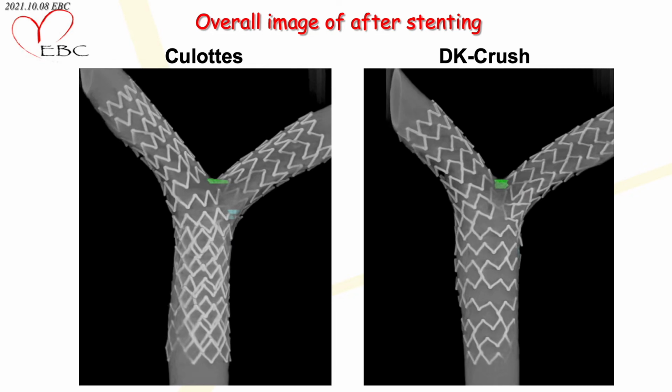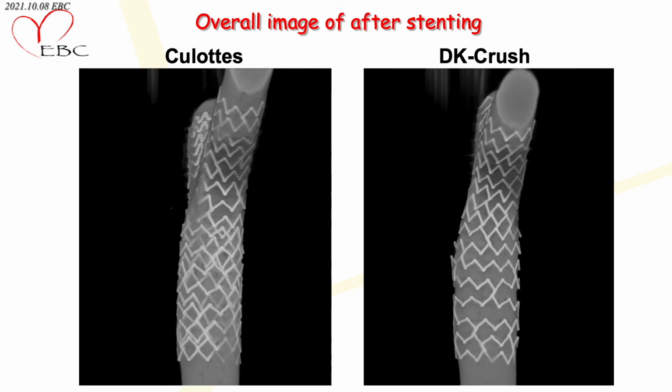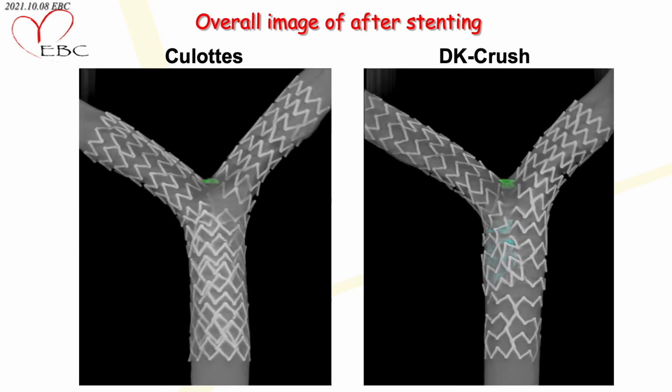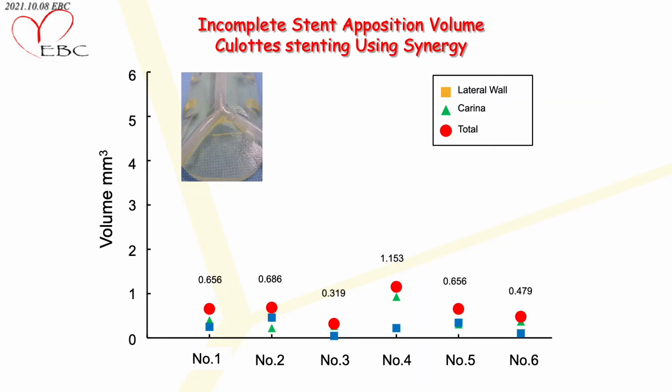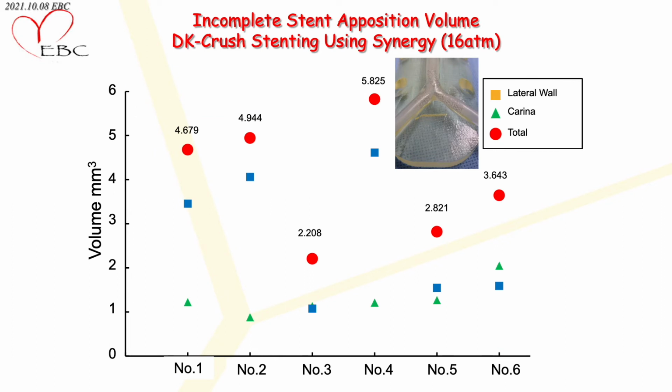The area of the blue is the incomplete apposition of the left main shaft. In the Culotte group, the green triangle shows the incomplete apposition volume in the carina part of each model. In the DK group, there is a considerable variation in the result.